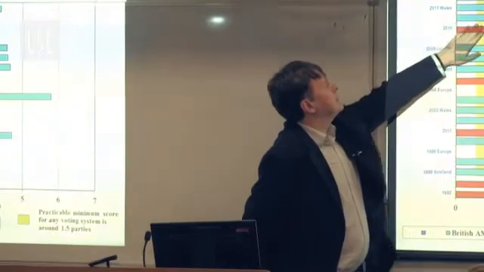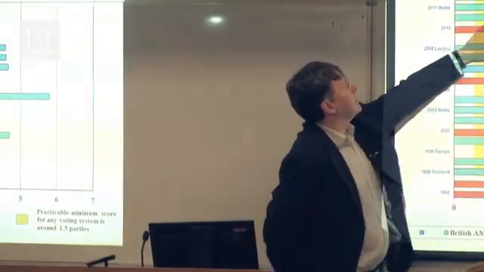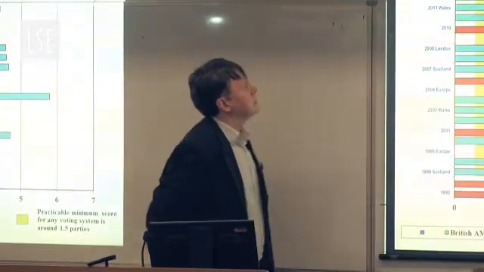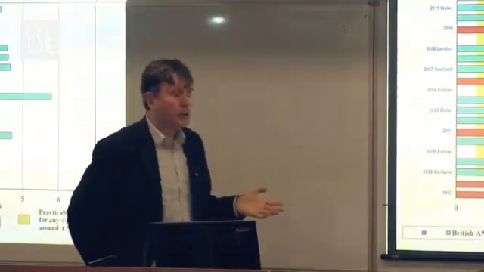Then since 2010, we see a bit of a reduction in London, a bit of a Conservative fight back there. But in Scotland, we have 3.5 parties because the Scottish National Party has done really well and the Liberal Democrats and the Conservatives have been sort of reduced. So even the 3.5 here doesn't give you a complete picture.